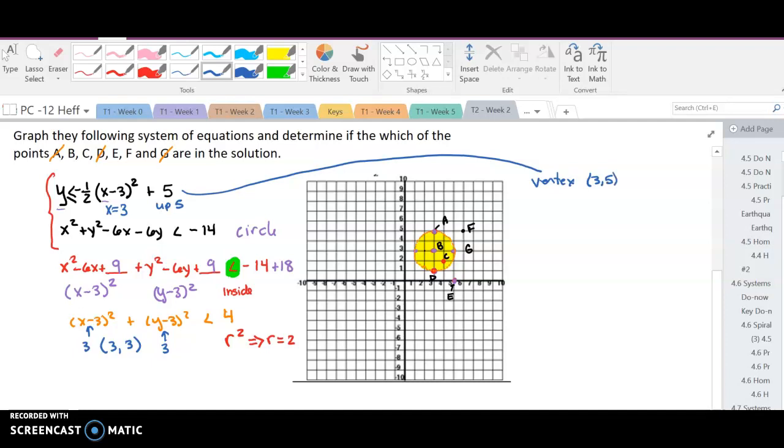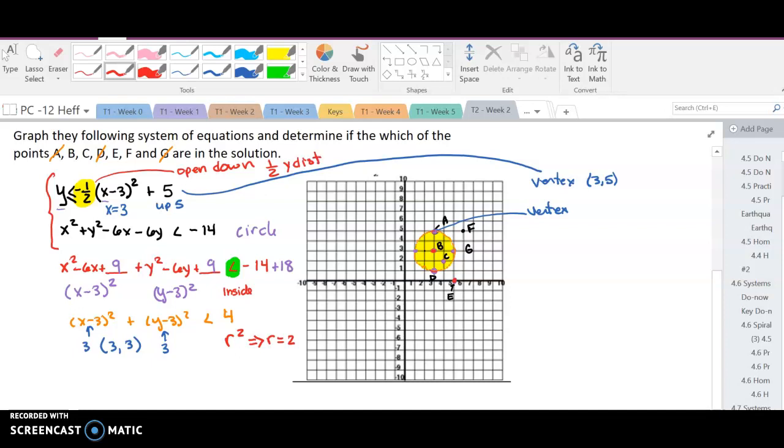So 3, 5, that's point A. So this is our vertex. Now this negative 1/2 means two things. It means I open down and at half the y distance.